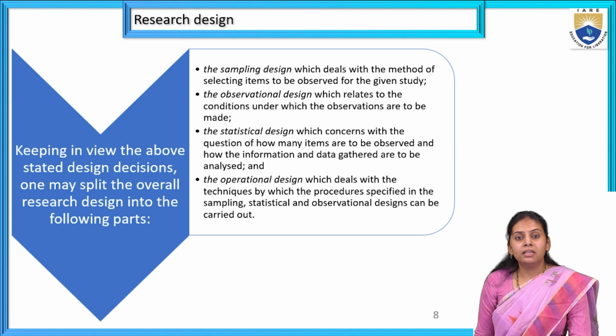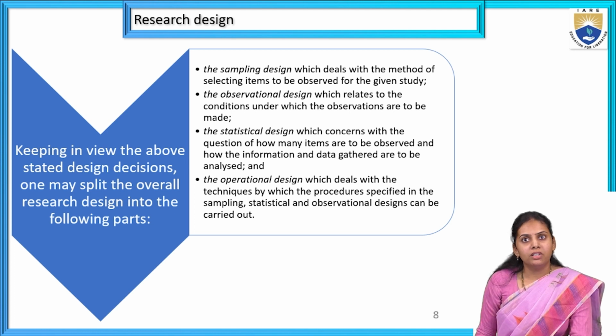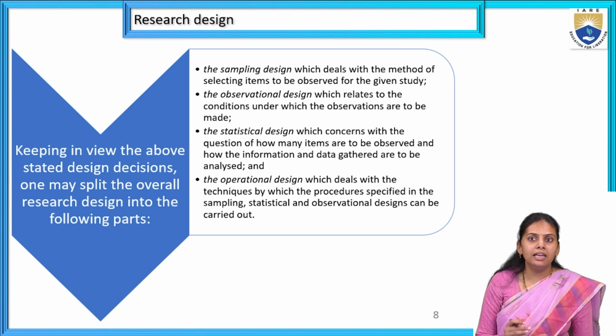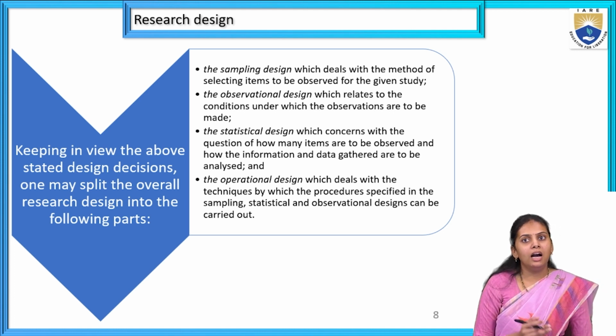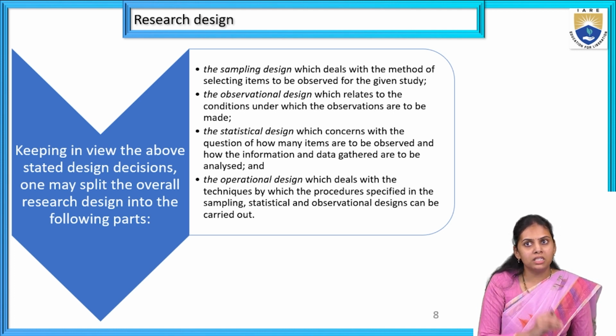And the other one is, keeping in view the above stated design decisions, one may split the overall research design into the following parts. What are they? The sampling design, which deals with the method of selecting items to be observed for the given study. The observational design, which relates to the conditions under which the observations are to be made.